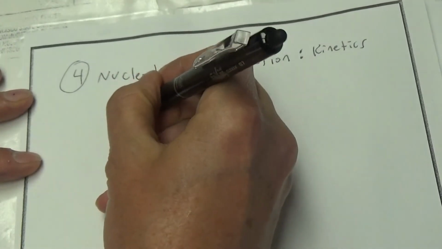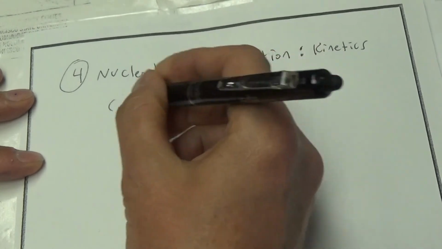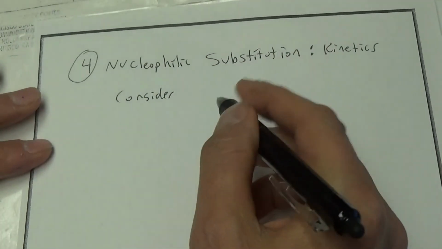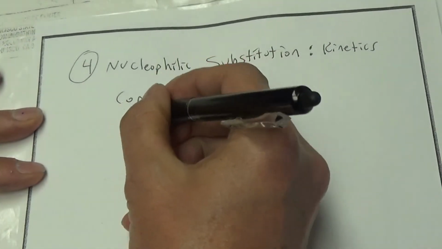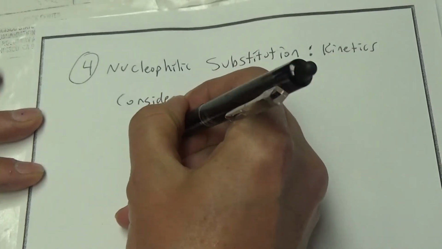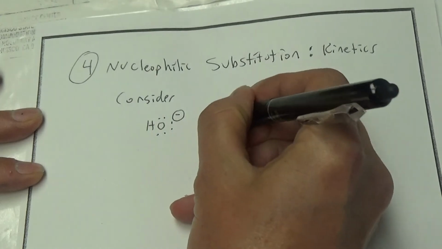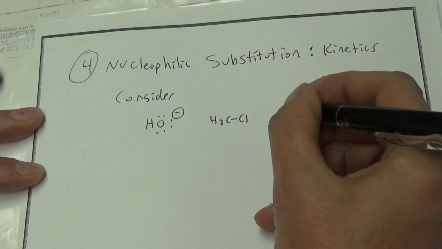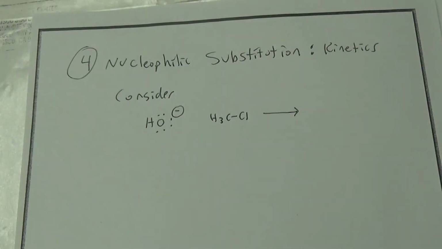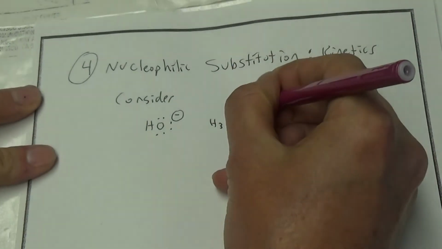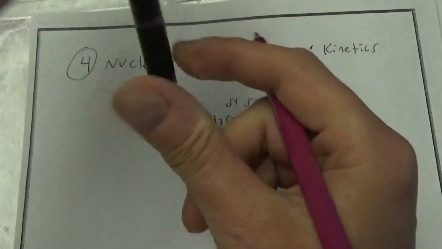Let's just consider a simple example of nucleophilic substitution. If we react hydroxide with chloromethane, you should be able to draw the mechanism and the product, of course, delta minus, delta plus.